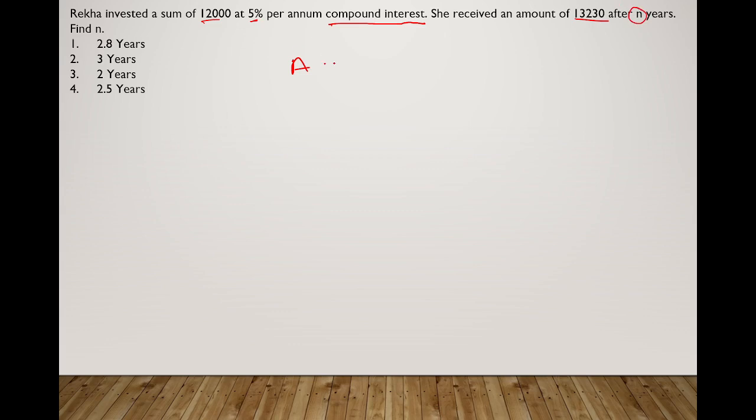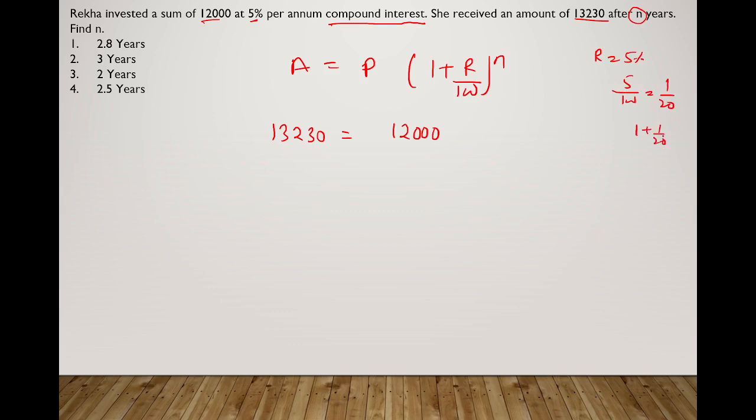I have the formula: amount equals principal times 1 plus rate of interest divided by 100, to the power n. I have 13,230 as the amount, and principal is 12,000, and rate of interest is 5%, so 5 by 100 means 1 by 20, and 1 plus 1 by 20 becomes 21 divided by 20.